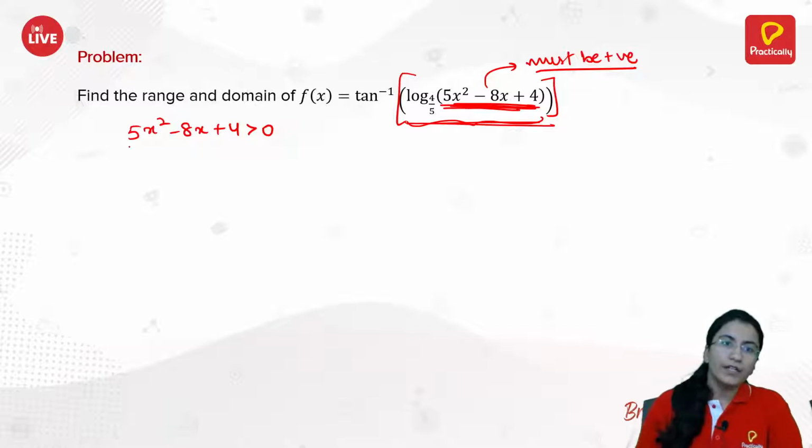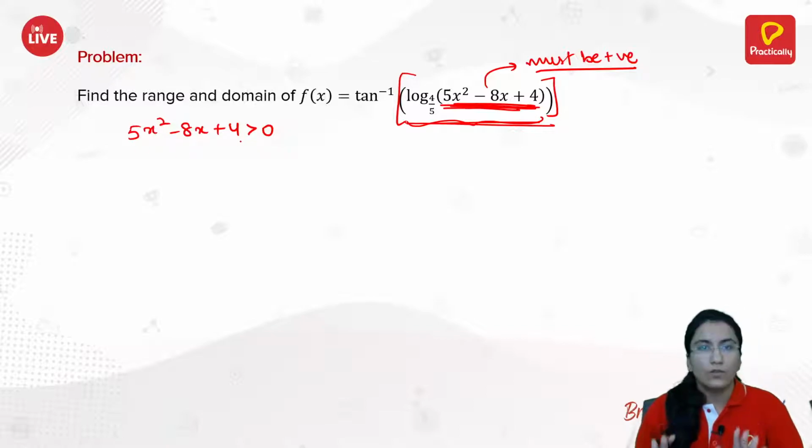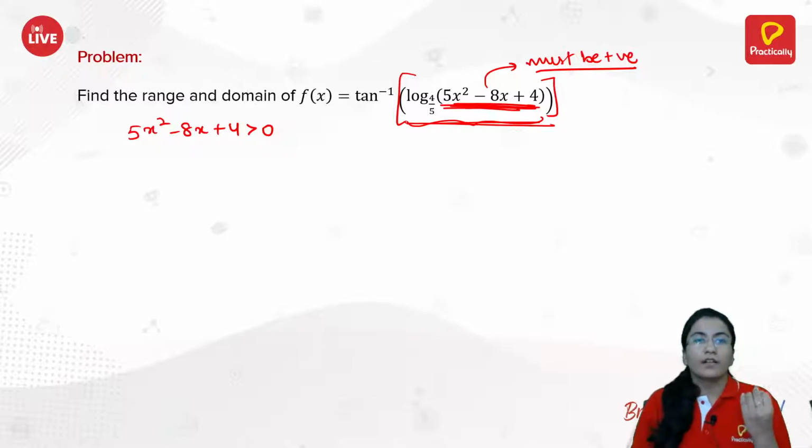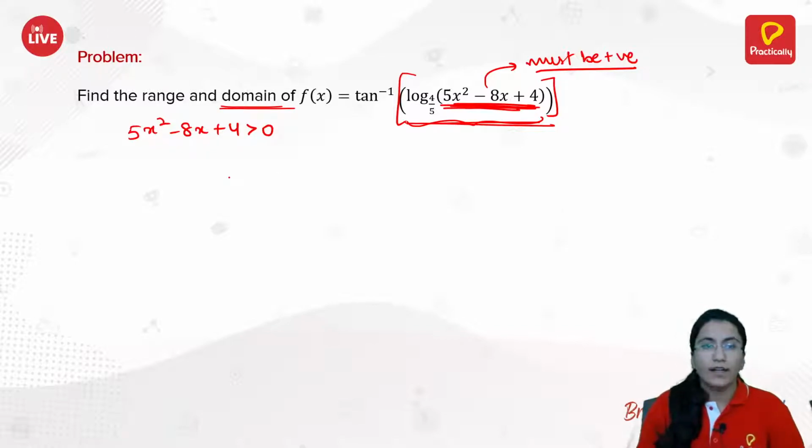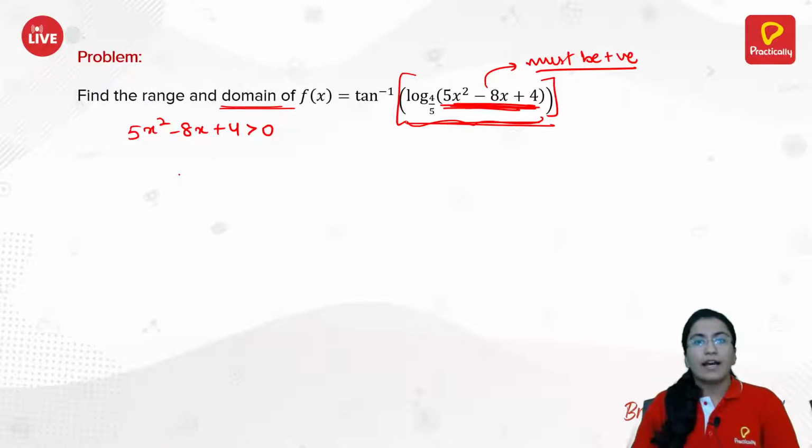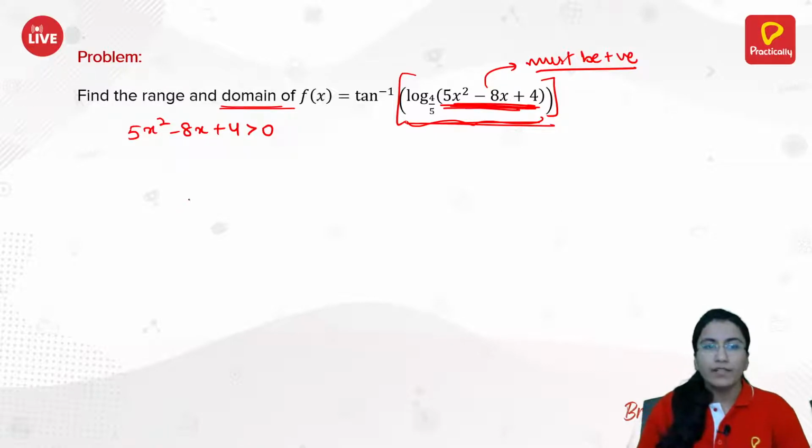This is the only constraint we have on our domain. We have no other constraint, so the domain will be decided by this particular inequality.